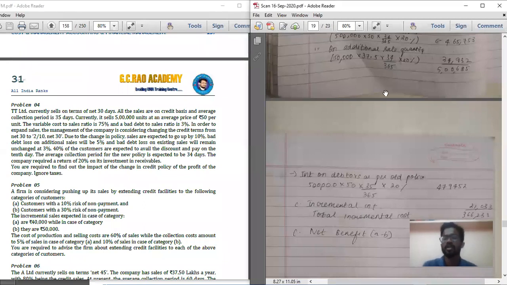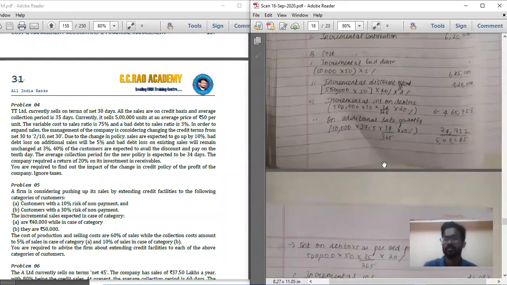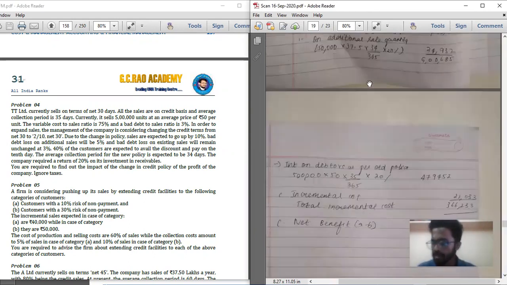So now total the inner amount column. 1,25,000 plus 2,20,000 plus 4,65,753 plus 34,932 minus 4,79,452.